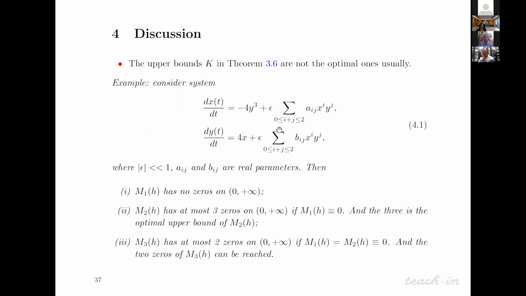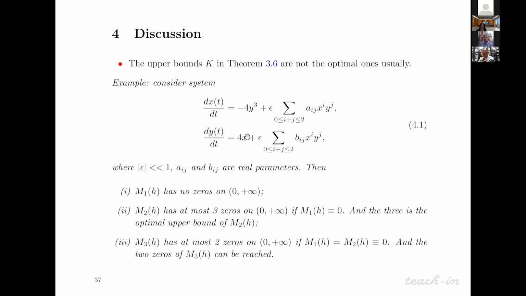And for M2 using our formula, this is also 3. If M1H is identically 0, the 3 is the optimal upper bound. If M1, M2 are identically 0, we can get that M3 has at most 2 zeros, and this 2 is also optimal.